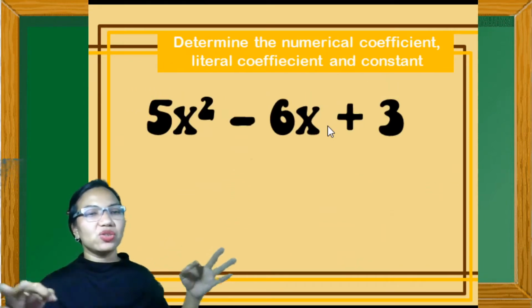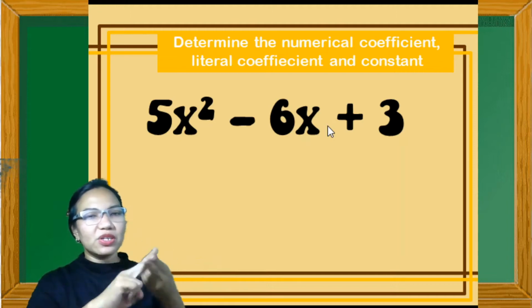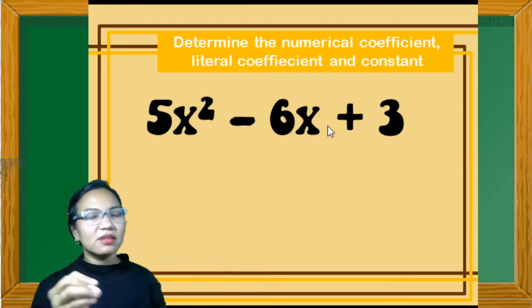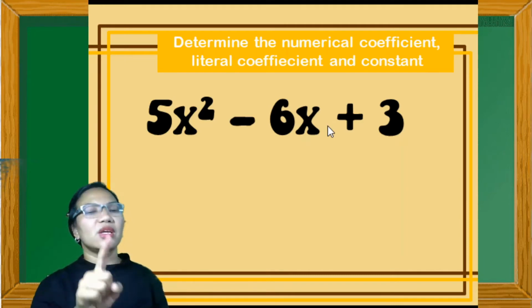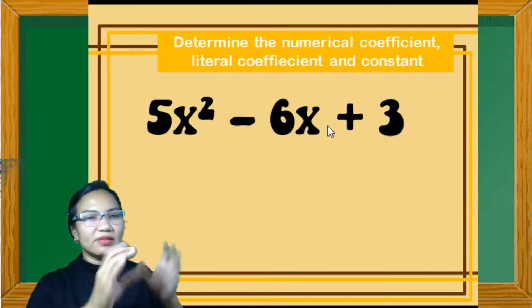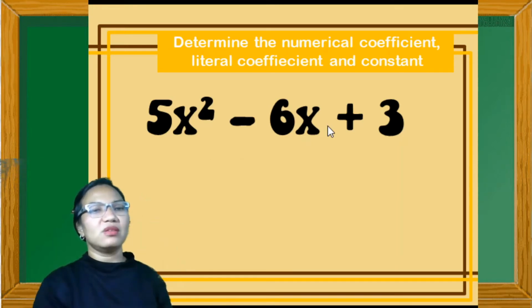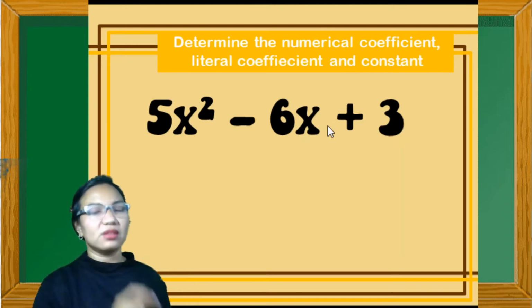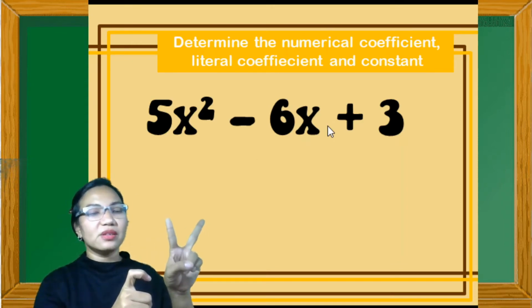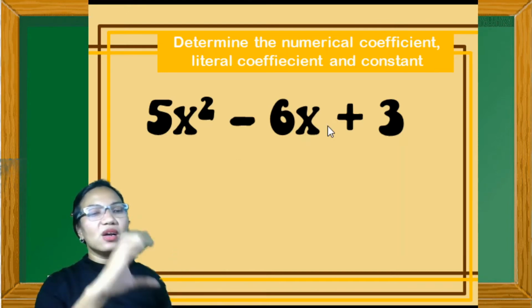In this expression, let's determine and answer the numerical coefficient, the literal coefficient, and also the constants. So, first example is 5x squared. Obviously, that 5 there is the numerical coefficient. And then x squared, that is the literal coefficient.